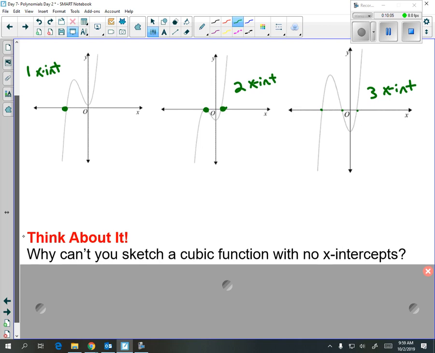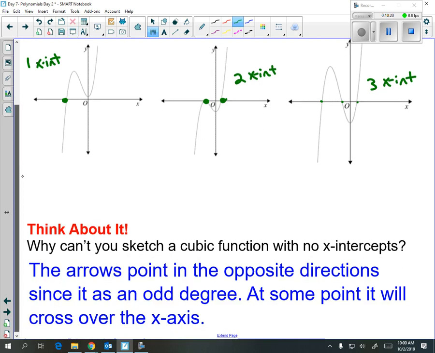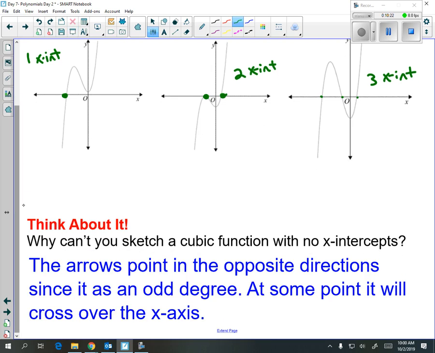Now, why can't you sketch a cubic function with no x-intercepts? If you need to, pause the video and think about it. So if you notice, the arrows point in opposite directions, since it is an odd degree, right? Degree 3 is odd. At some point, it will cross over the x-axis.